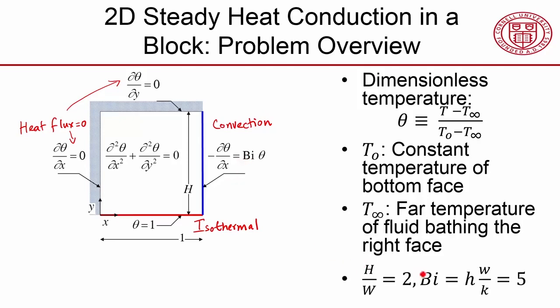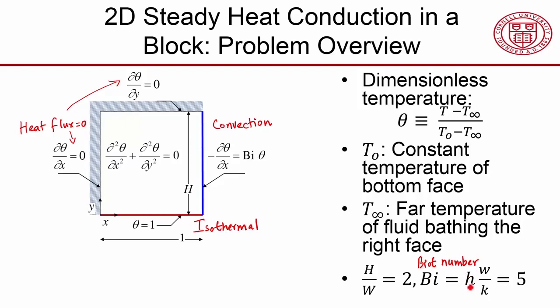And here Bi is the Biot number, and this also gives you the aspect ratio, that the block is twice as high as wide. The Biot number is a non-dimensional way to express the convection coefficient.